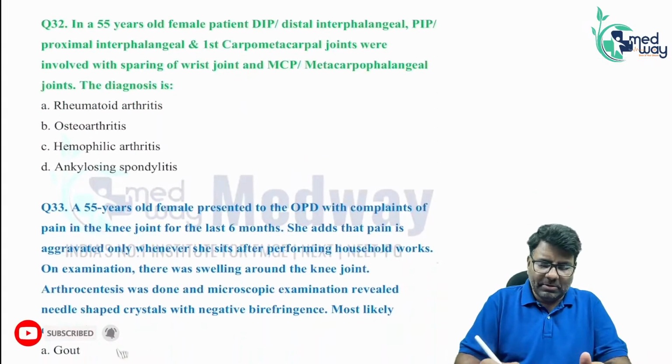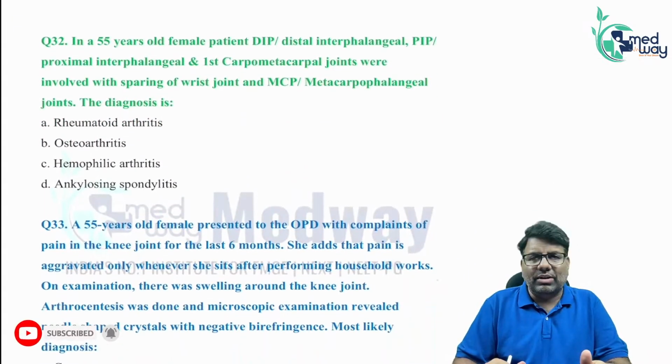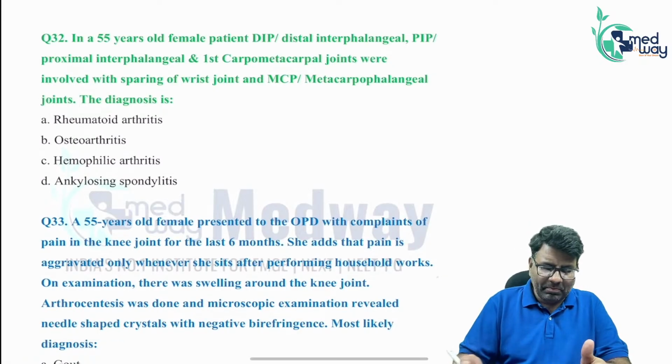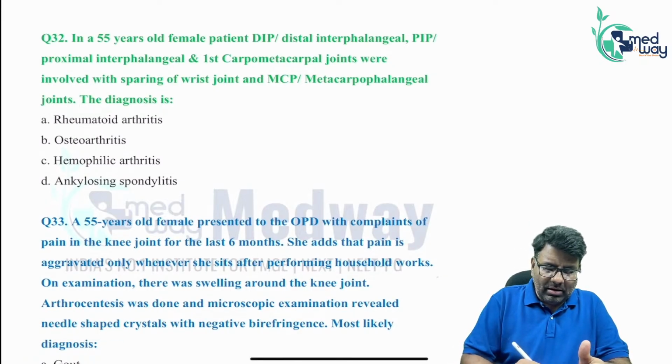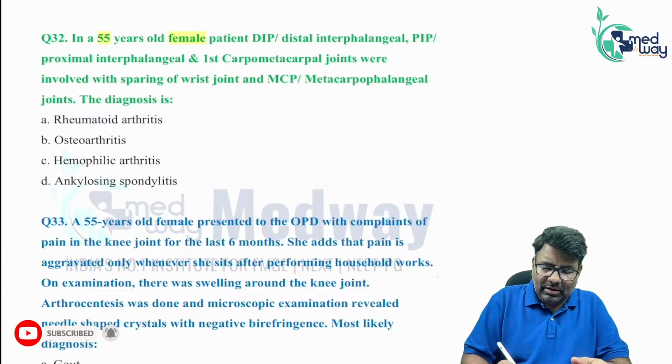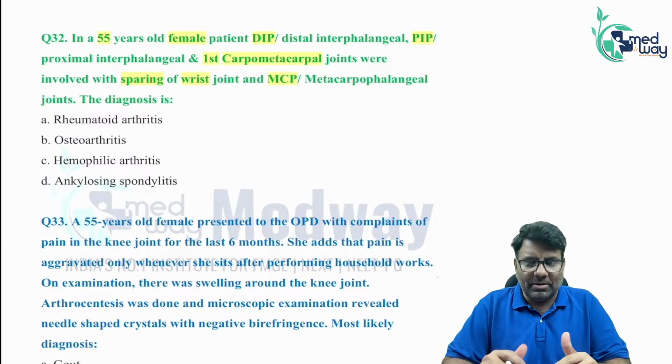Then moving forward to another chapter, arthritis and related diseases. An elderly female having involvement of DIP, PIP, and first carpometacarpal joint, and there is no involvement of wrist and MCP. Now, what can be the diagnosis?